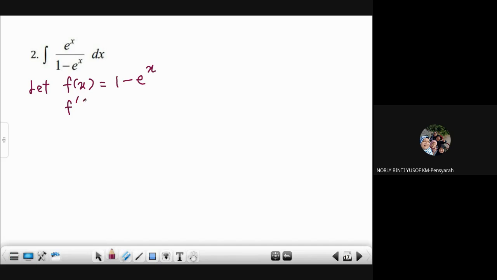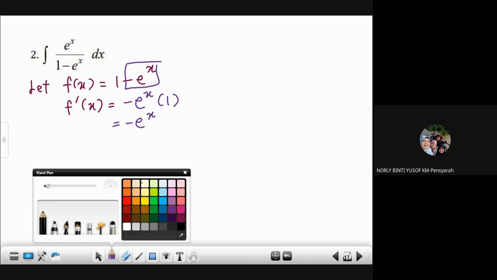So f prime x, differentiate function ni, ingat lagi kan, dapat negatif ex, negatif tu samalah sebiji. Lepas tu differentiate the power 1 kan, because of x. So akan dapat e x tapi ada negatif. Okay, so kita tengok dia sama tapi dia tak ada tanda negatif kan.